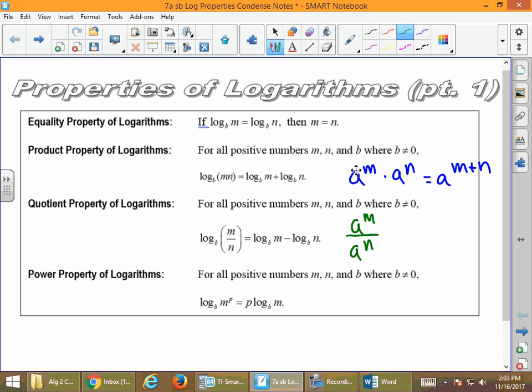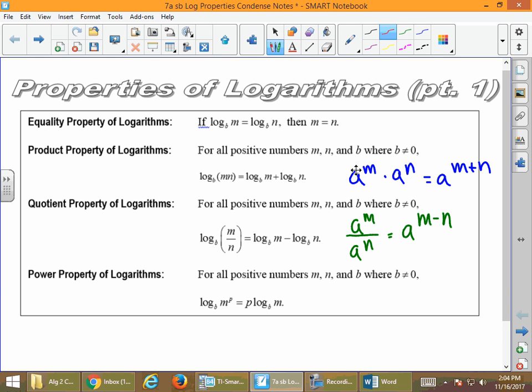If we're dividing like bases with exponents, we subtract and we get a to the m minus n. And look what happens here: log base b of m minus log base b of n converts, when we condense it down, back into dividing. Some of that might not make any sense at all, but I hope as we go through our examples here that I can make some sense out of them.